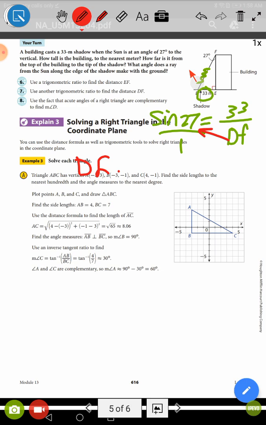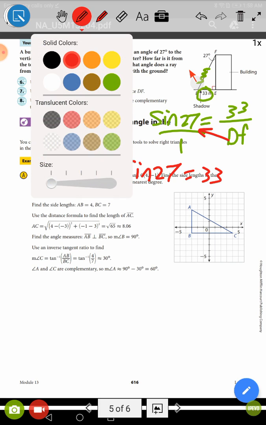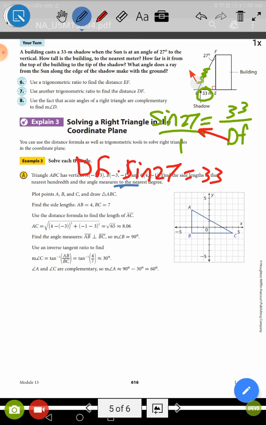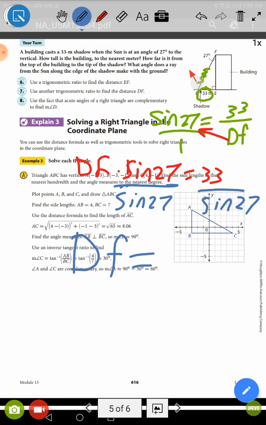DF multiplied by sine 27 equals 33, then divide by sine 27. So DF equals 33 divided by sine 27, it's about 73. That is it.